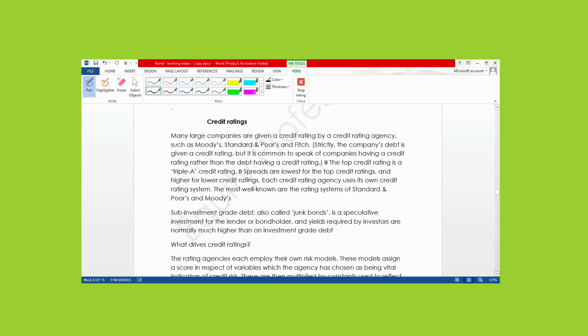Just as companies are rated, individuals are also rated. The ability to meet your financial obligations as they become due defines your credit rating.